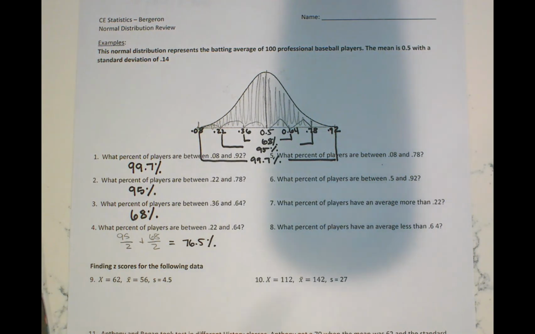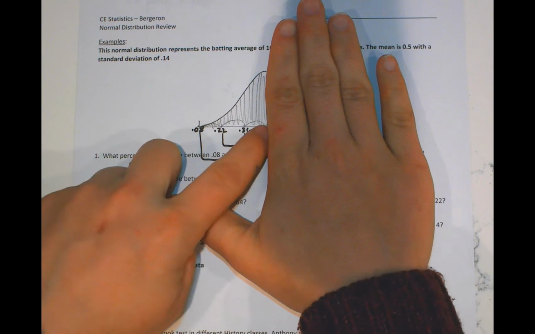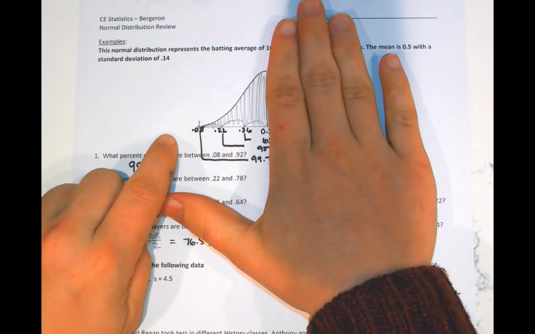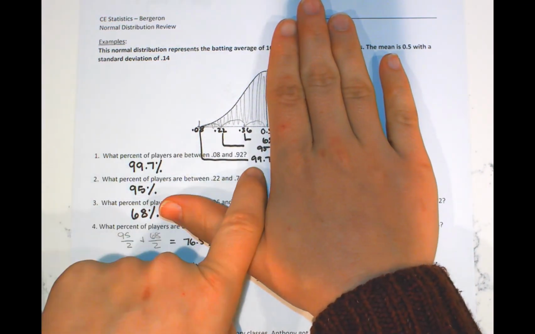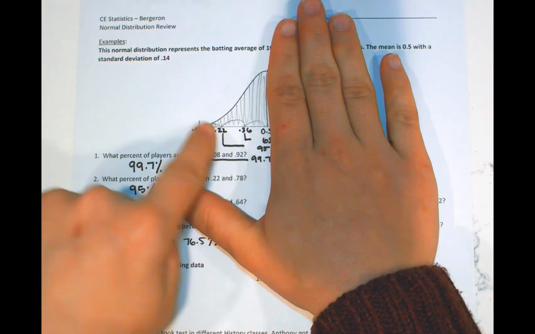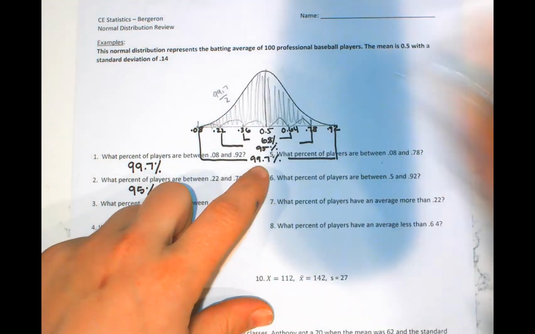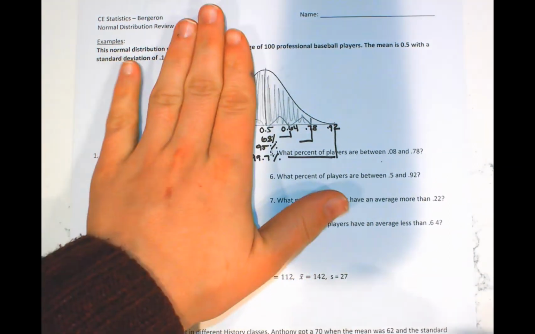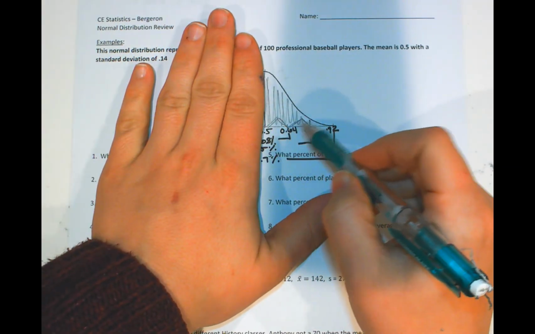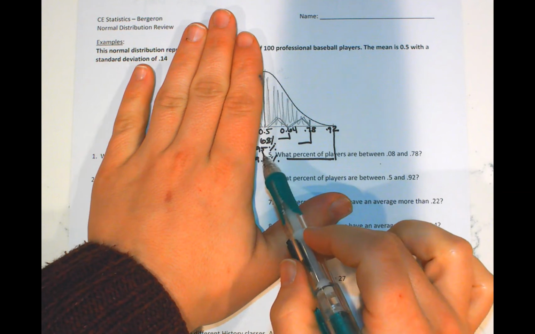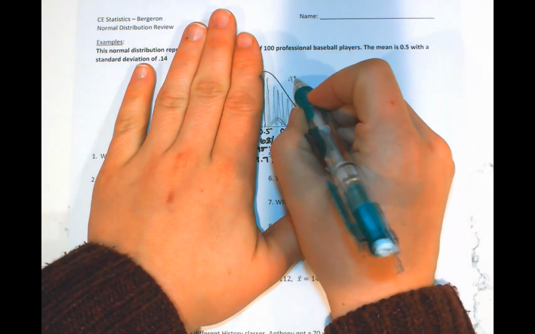So how I like to do this, and there's multiple ways to do this, but what I do is I cut it in half. So looking at this side, I'm 3 standard deviations away. So my 99.7 applies to this half, but only half of it. So I take my 99.7 and divide by 2. Then when I look at this half, I'm 2 standard deviations away. So my empirical rule for 2 standard deviations is 95%.